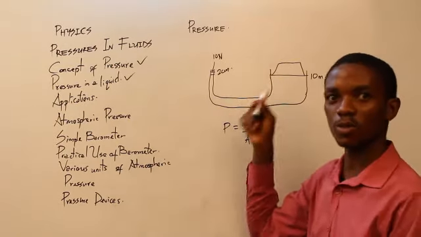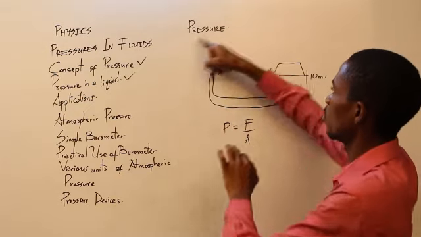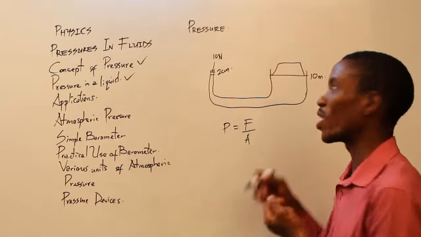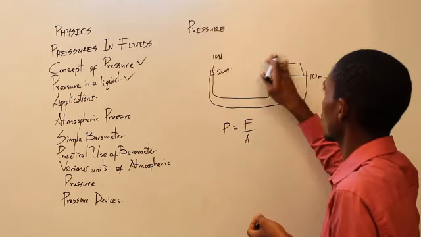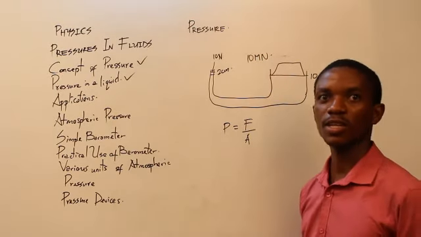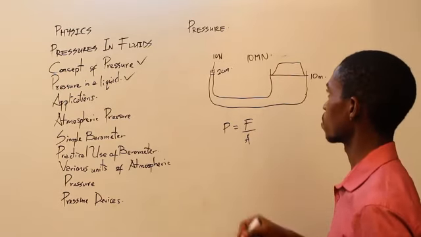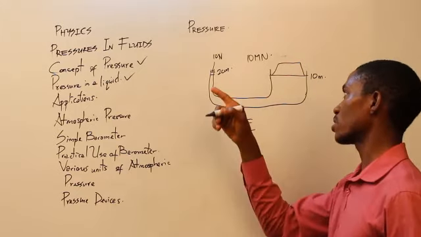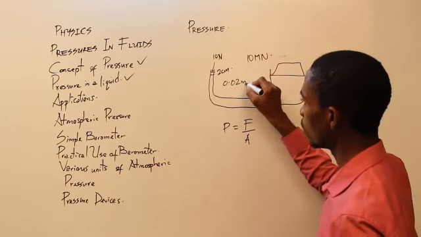I want us to calculate how much force will be transmitted from this point to this, working with these particular parameters, so we will know whether we can lift our proposed 10 meganewtons. So let's keep our 10 meganewtons somewhere. We want to lift 10 meganewtons. Let's see if we can generate something enough from this particular setup. Converting first, of course, all our units must be the same. That is, our centimeters must go to meters, and 2 centimeters is 0.02 meters.